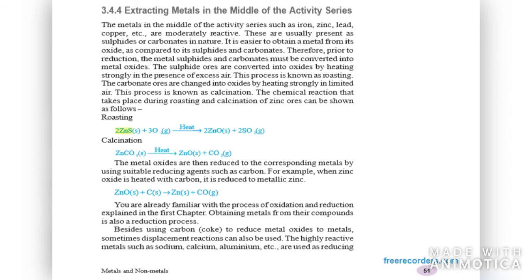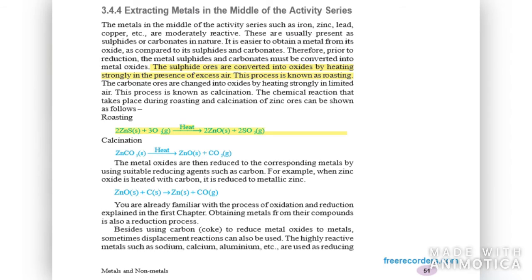Zinc sulfide when reacts with oxygen forms zinc oxide and sulfur dioxide. When sulfide ores are converted into oxides by heating strongly in the presence of excess air, it is known as roasting. So remember this, whenever we have a sulfide ore, zinc sulfide in this case, in the presence of oxygen gets converted into zinc oxide, it is known as roasting.